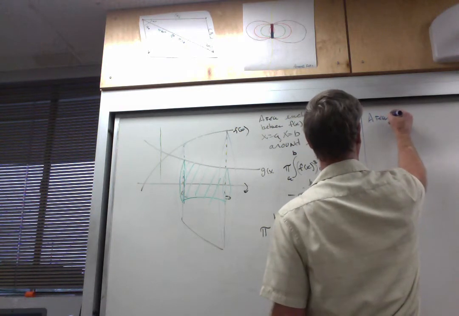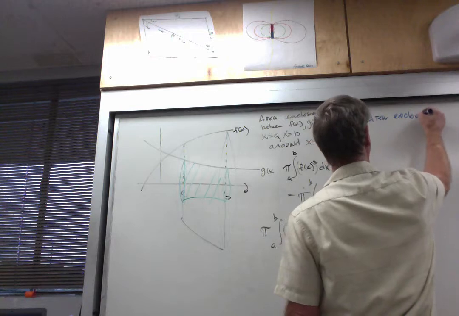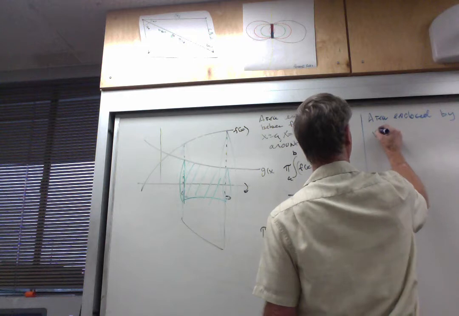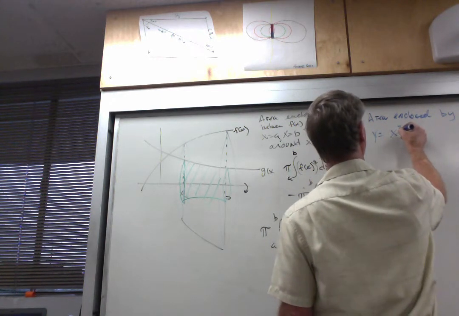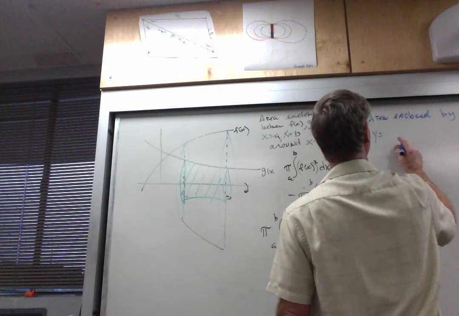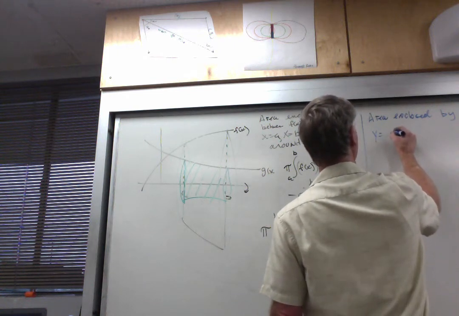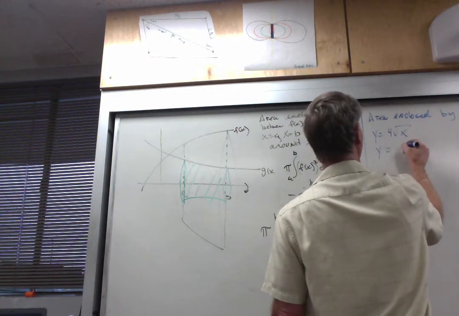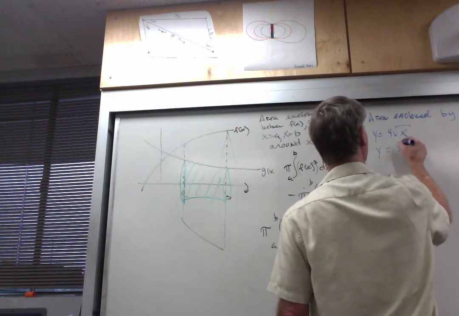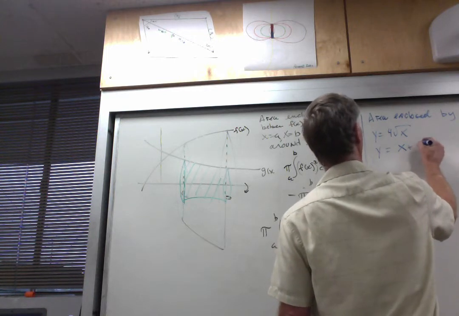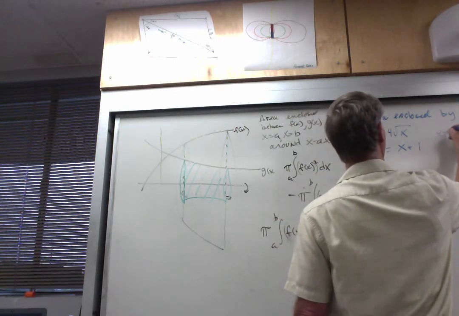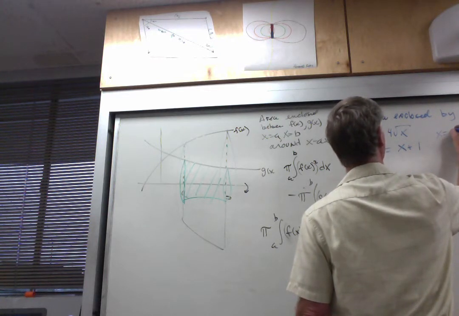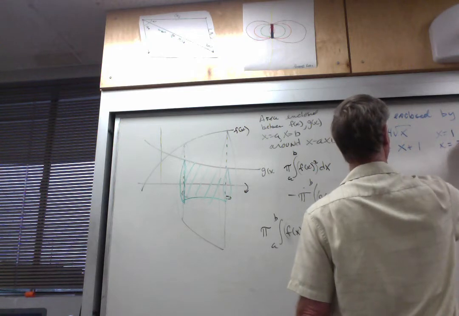We'll do the same thing, the area enclosed by y is equal to 4 square root of x, and y is equal to x plus 1 between x equals 1 and x is equal to 3.